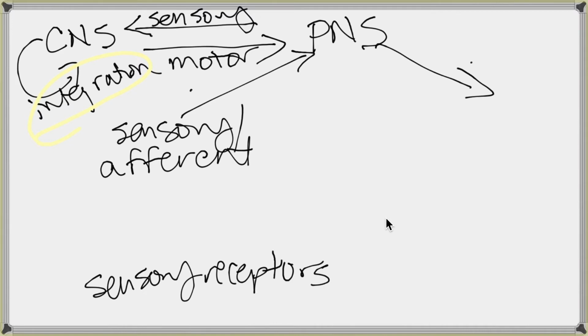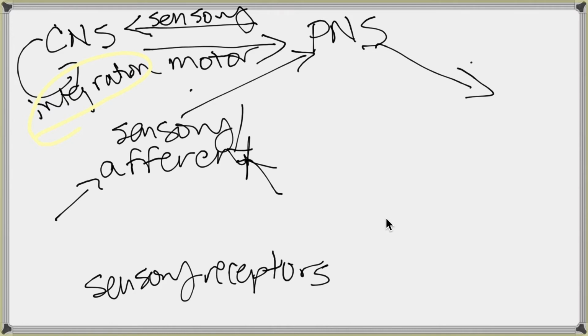And the sensory receptors are going to send the information through the afferent or sensory nervous system. That's the division of the peripheral nervous system, and then it's going to go to the central nervous system for integration.